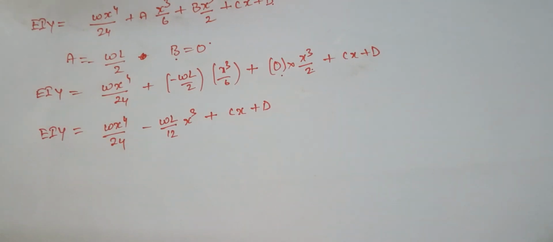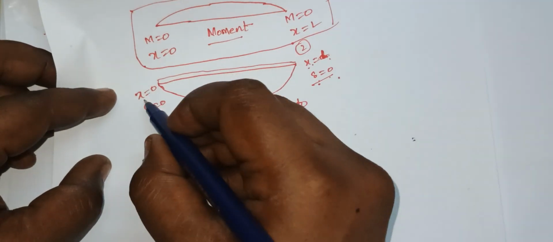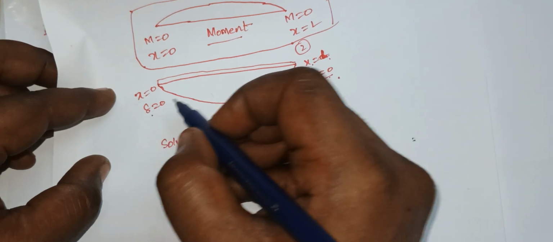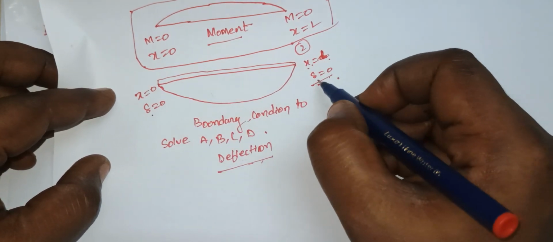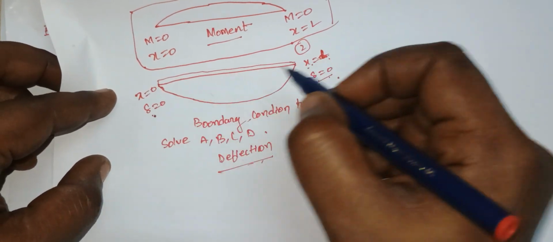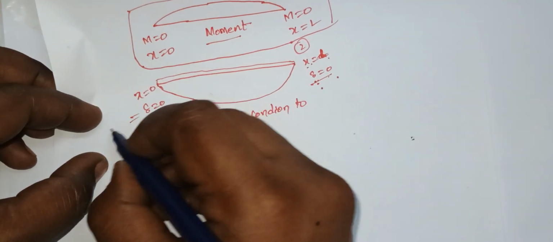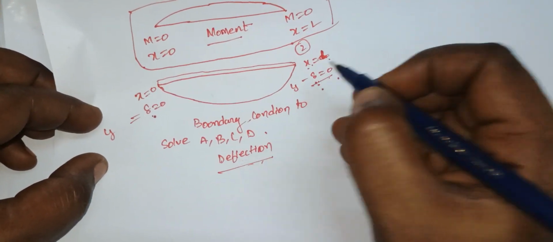As I have discussed earlier, see these boundary conditions: at x is equal to 0, delta is equal to 0, and at x is equal to L, delta is equal to 0. Delta is nothing but y.